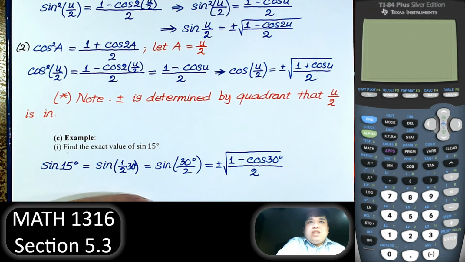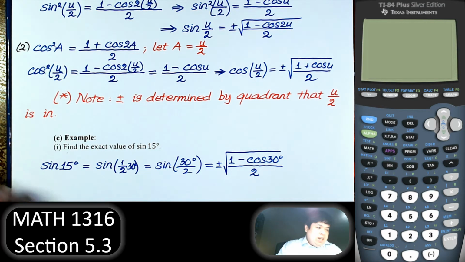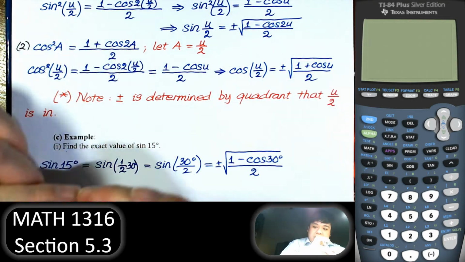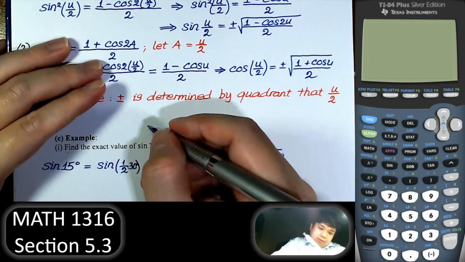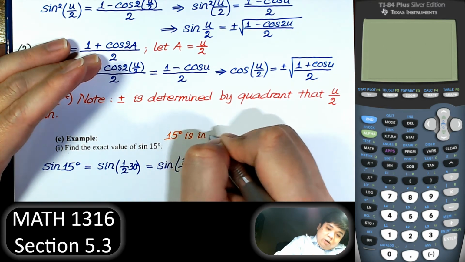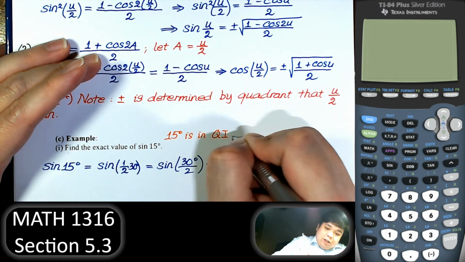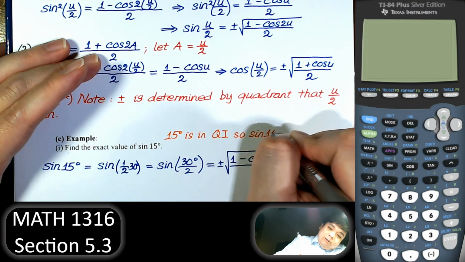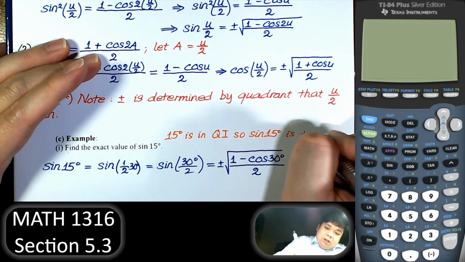Right, my question is, is that positive or negative? Well, that's easy. 15 degrees is in quadrant 1, therefore it's positive. So sine of 15 degrees is positive.